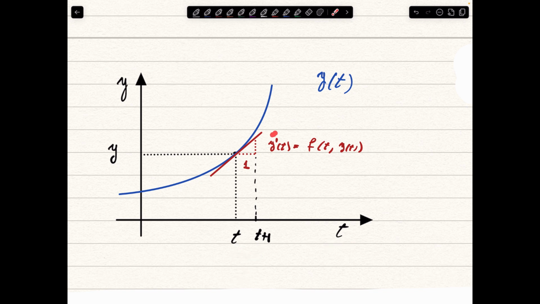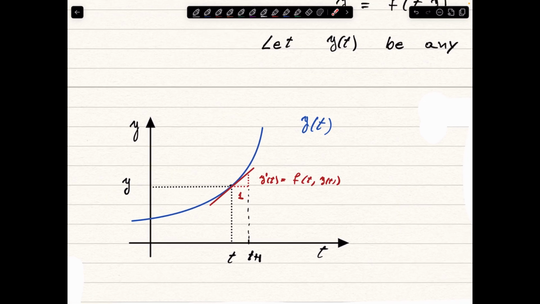Then the length of this segment, when the horizontal segment is 1, the vertical segment is the value of the slope of that line. So this vertical segment is the value of the derivative of the function y. We know that from the graphical meaning of the derivative.